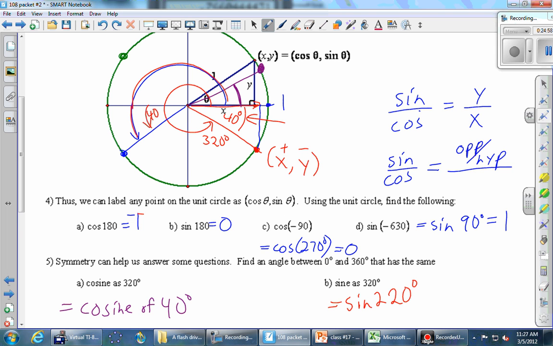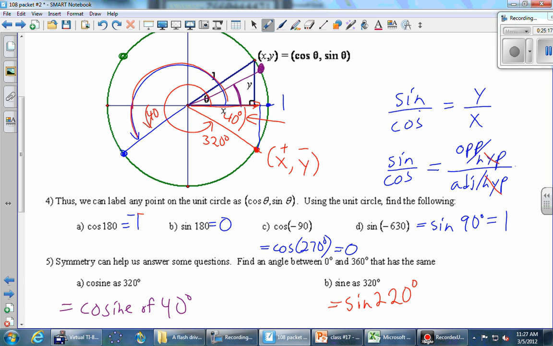Cosine is adjacent over hypotenuse. And the hypotenuse cancels. You can multiply top and bottom by the hypotenuse and it cancels. And you get opposite over adjacent. Opposite over adjacent is tangent. So sine over cosine is really tangent.